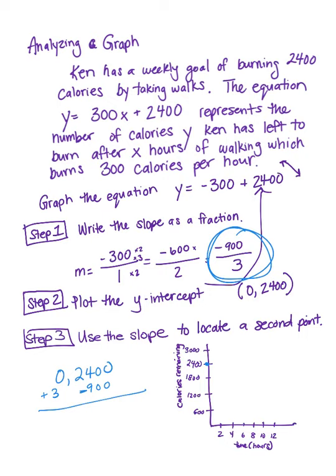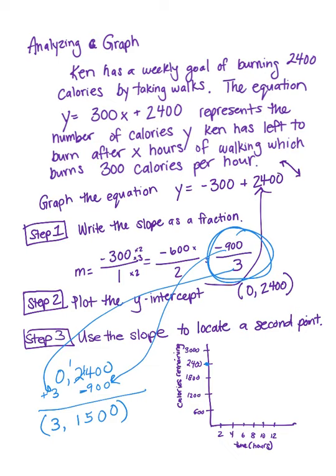So we know this is going to be a 3, right? Because we're using this 3 and this 900. And then we're going to subtract. So 0, 0. 14 minus 9 is 5, 1. And we're keeping it negative. No, we're not because we're going down. Okay, so our new point is 3, 1,500.